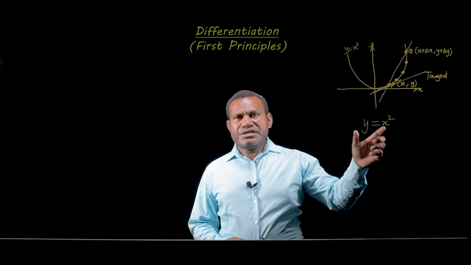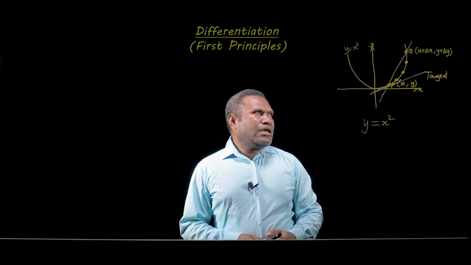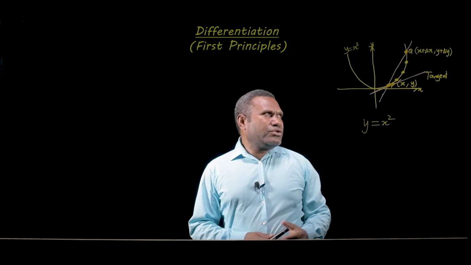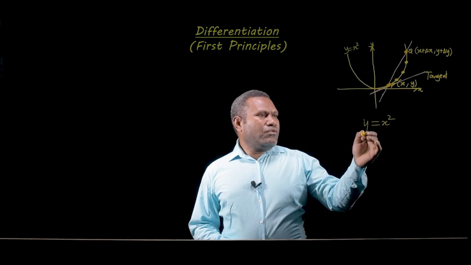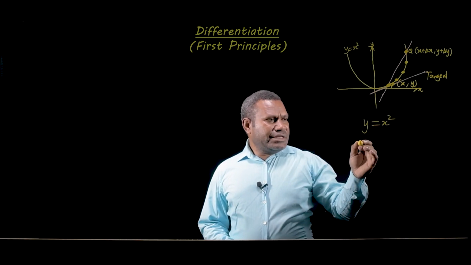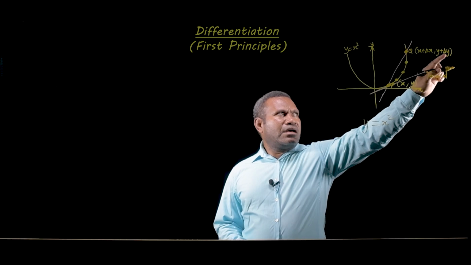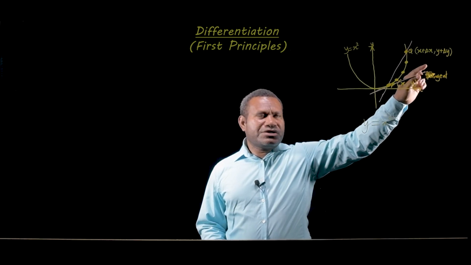Right, so given this equation, which is a quadratic function, this point Q is on the curve, so it must satisfy this equation if you substitute. So for y, we're now going to replace with y plus delta y. Take note of this notation here. Delta y means a small increase or a change in y.